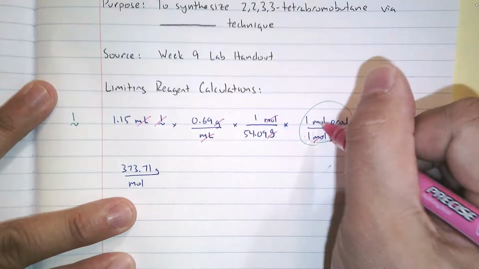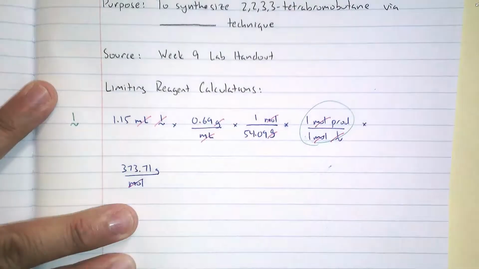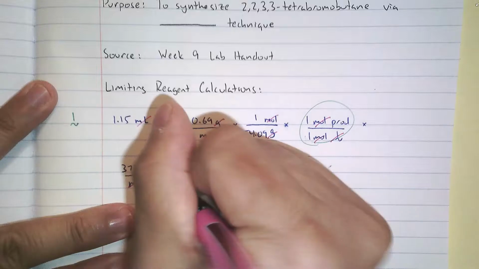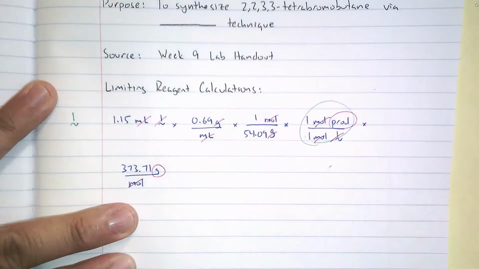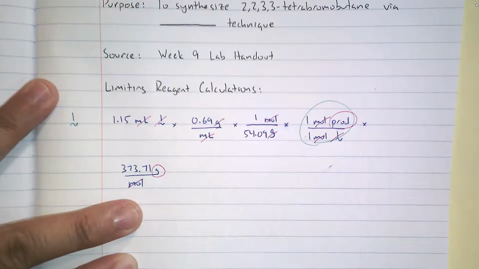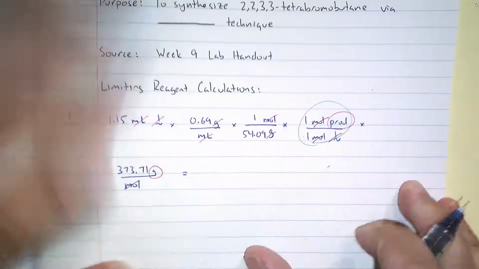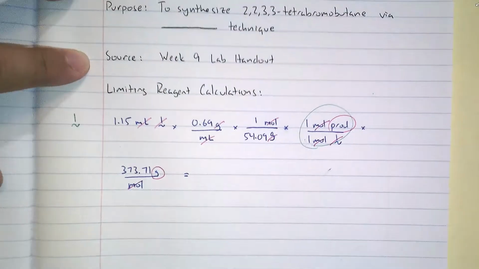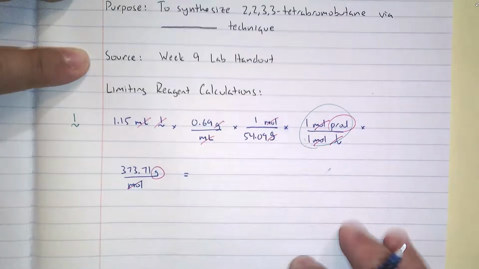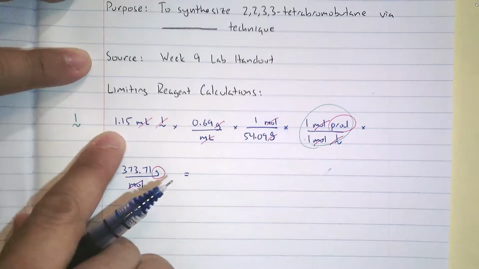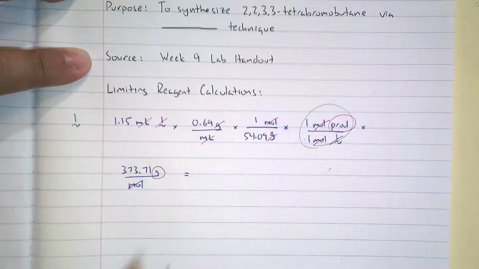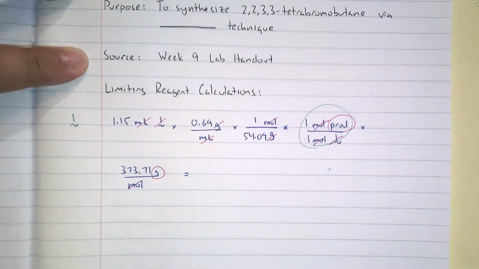You just have to cancel the moles. And do you see what we're left with? We're left with grams of product. Okay. And that is our first calculation to figure out how many grams of product we will get if all 1.15 milliliters of 1 are converted into product.